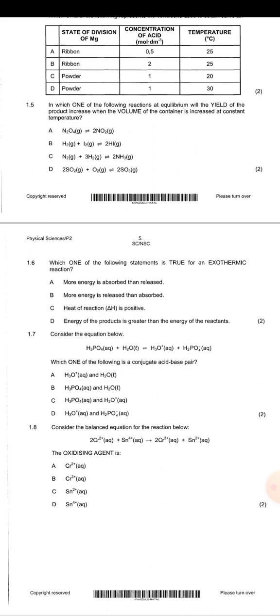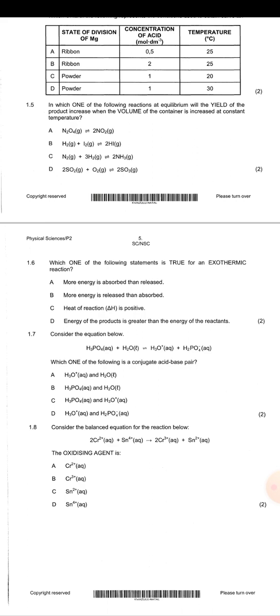1.8, consider the balanced equation for the reaction below. Pick the oxidizing agent. One thing that we know about the oxidizing agent is that it undergoes reduction. So we want one of the molecules whose oxidation number has decreased, or in other words, one that has gained electrons.